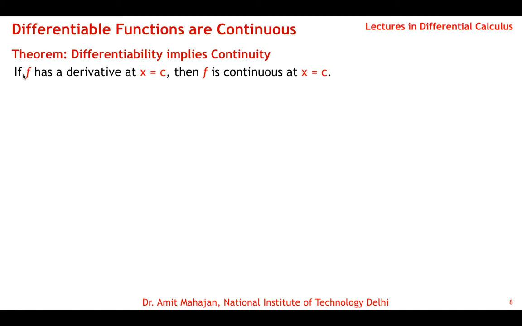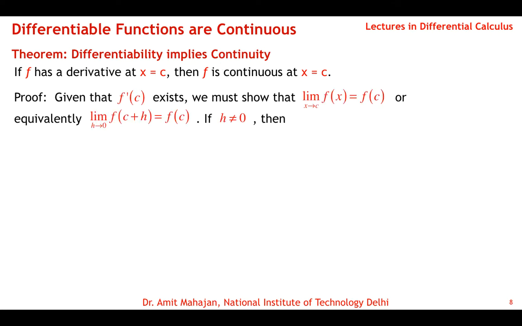So we'll prove this important result now, that if f has a derivative at a point c, then the function is continuous at the point c, okay. So that means if you are given a function and x equal to c is a point in the domain, and if the derivative of the function at c exists, then the function must be continuous at x equal to c, okay.